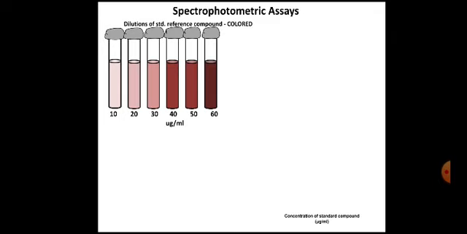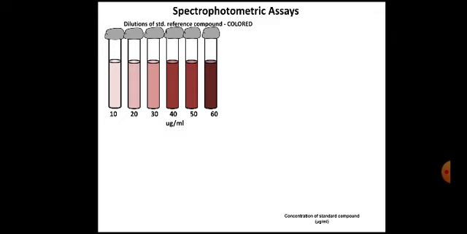Now what is the next step? The next step is to select a wavelength of light from the visible spectrum. Understanding the principle of Beer and Lambert's law, we know that every colored compound has the ability to absorb a particular wavelength from the visible spectrum of light.